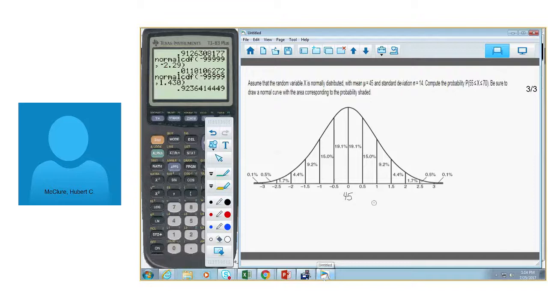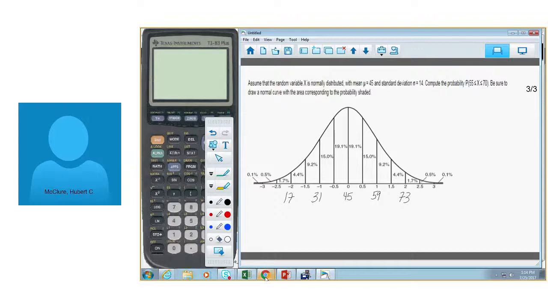So that's going to be 59, and 14 is going to be 63, 73. Check my math. 45 minus 14. Thank you. And next one. And they want to know what's the probability, or what's the area, between 55 and 70.